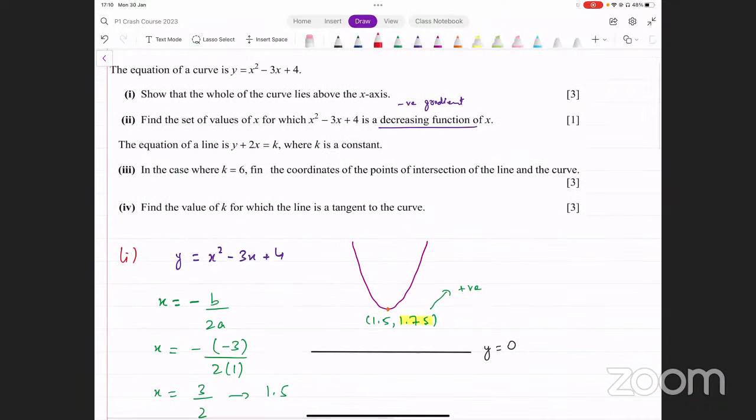Okay, so now it says the equation of a line is y plus 2x equals k, where k is a constant. In the case where k equals 6, find the coordinates of the points of intersection of the line and the curve. All right, so we have the equation of a line given. We already have this curve above.